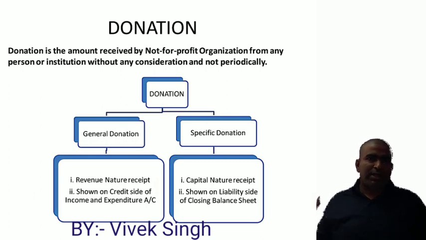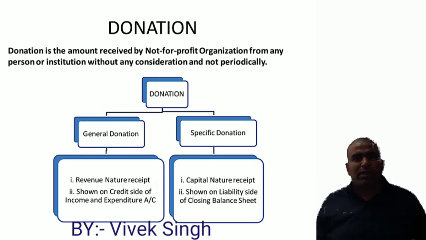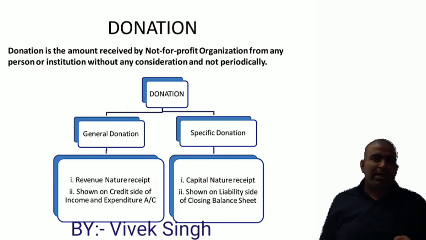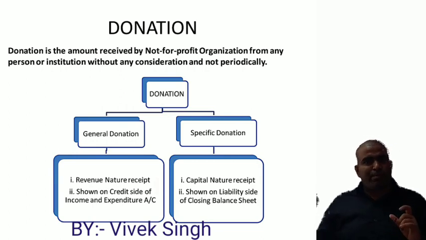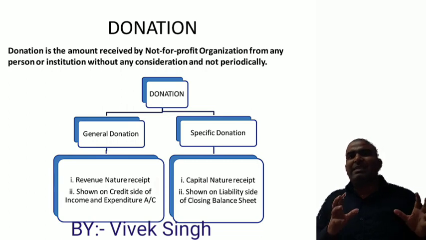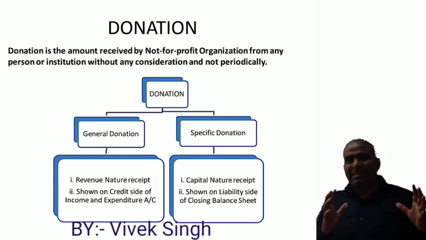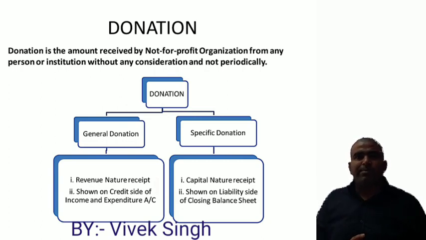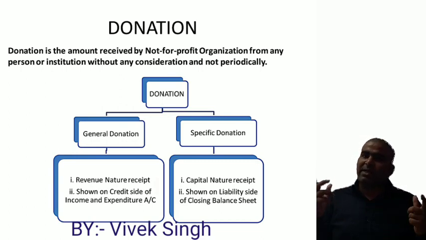In your screen you can see there are two types: one is general donation and one is specific donation. If there is a general donation, then it will be treated as a revenue receipt, and it is shown on the income side or credit side of income and expenditure account.